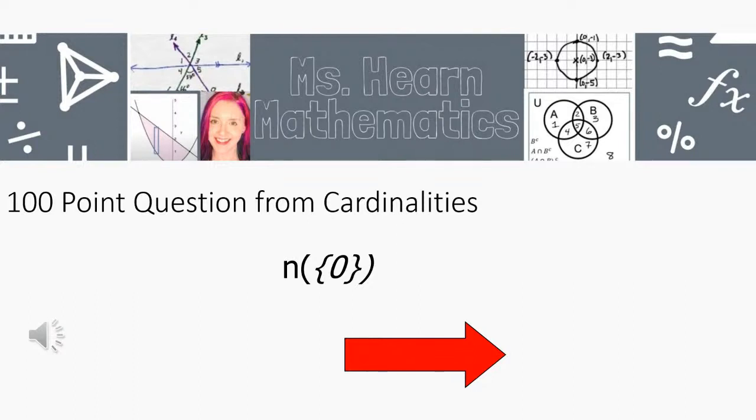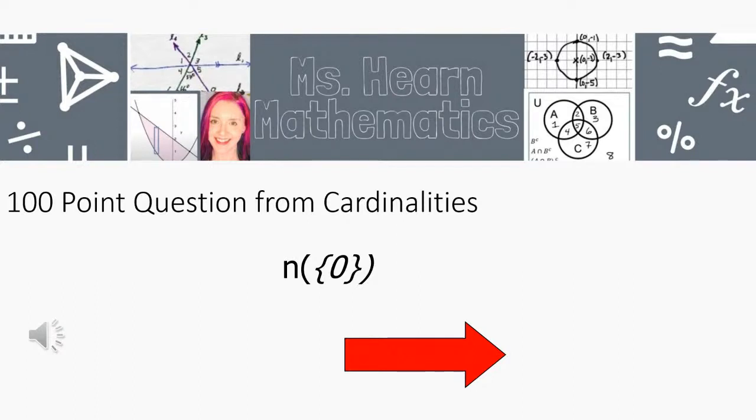How many numbers are listed between the curvy brackets? Yes, it does mean the cardinality. Very good. That's correct. Good job.